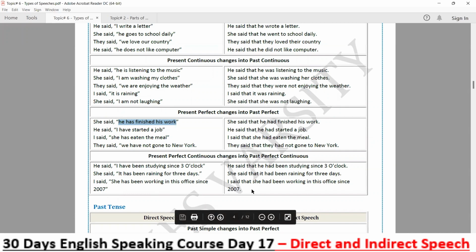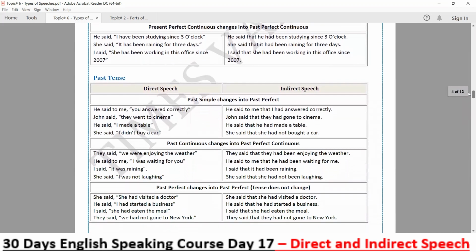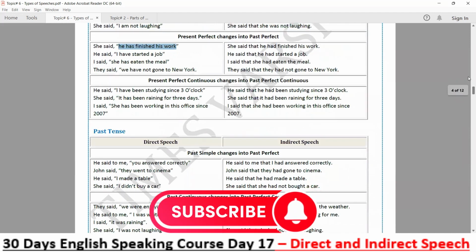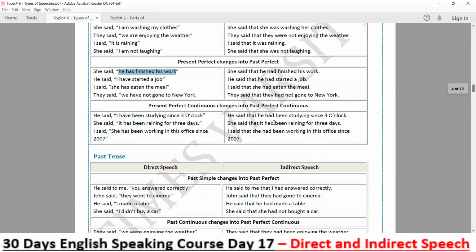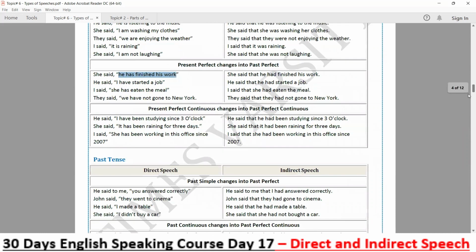I said that she had been working in this office since 2007. So present perfect continuous changes to past perfect continuous. If we talk about past, all right, because our direct speech was in present, right? Now we are considering past.